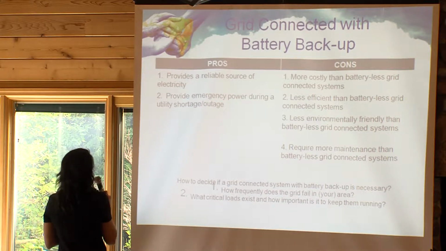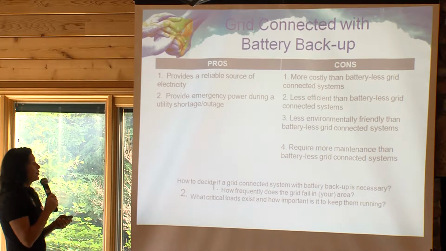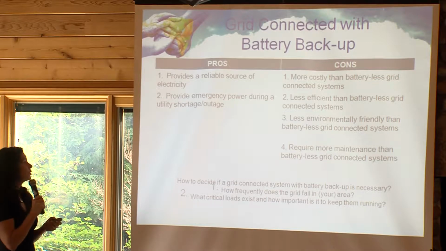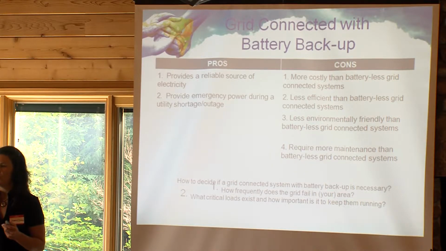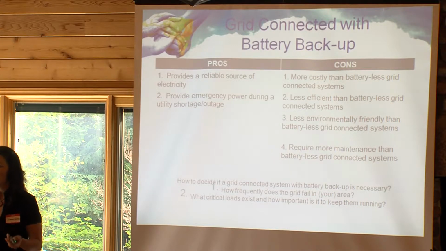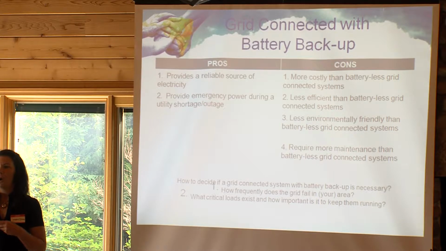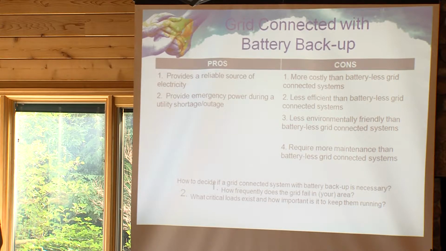Pros: it provides a reliable source of electricity, provides emergency power during utility shortage and outage. And by the way, when you are sizing that battery bank, you want to think about, well, what is our critical load? Which parts of the home or which parts of the church facility can, in terms of the electrical demand, we do without?